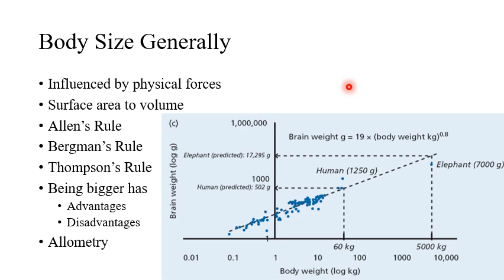Yeah, and it's also interesting to point out that the proportions of your body change as you age. When you're a baby, your head is about 33% of your body, but it's only 13% as an adult. So even though your head is getting larger, it becomes proportionally less of your body, right? I was talking about surface area to volume ratio. In general, smaller organisms have a tendency to lose heat more rapidly, okay?